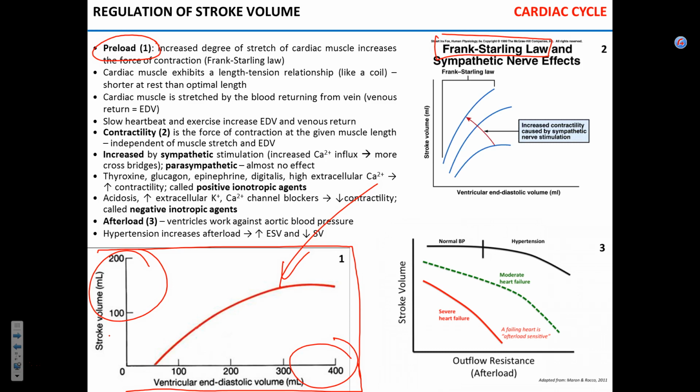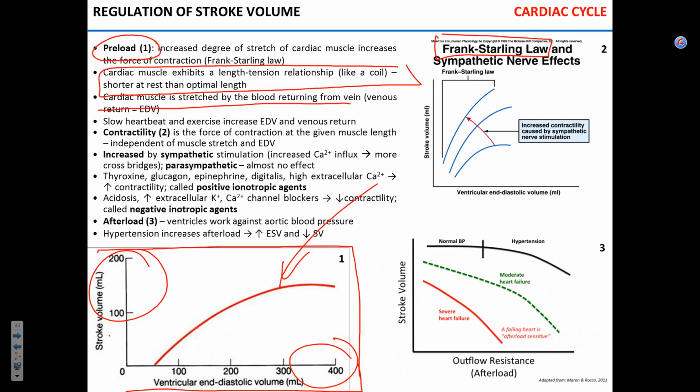Think of it as a coil. The more you stretch the coil, the stronger it will snap back. We clear? So that's the idea. When cardiac muscle is stretched by blood that comes back from the vein, its force of contraction increases.